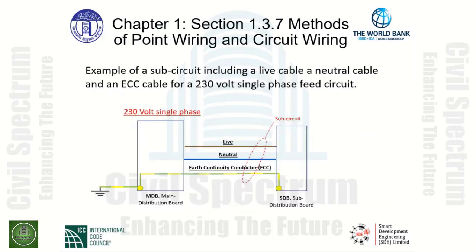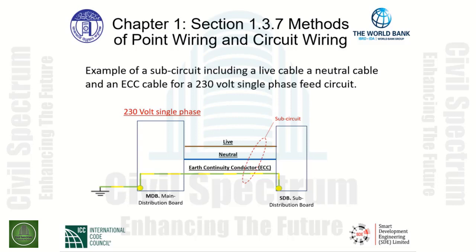An example is given here in the diagram below of a sub-circuit including a live cable, a neutral cable, and an ECC cable for a 230 volt single phase feed circuit. We look at the main distribution board, MDB. This is where the service conductors come into the building.